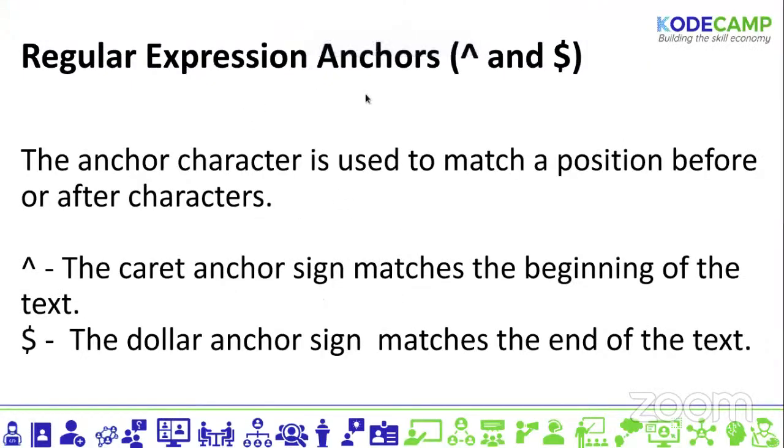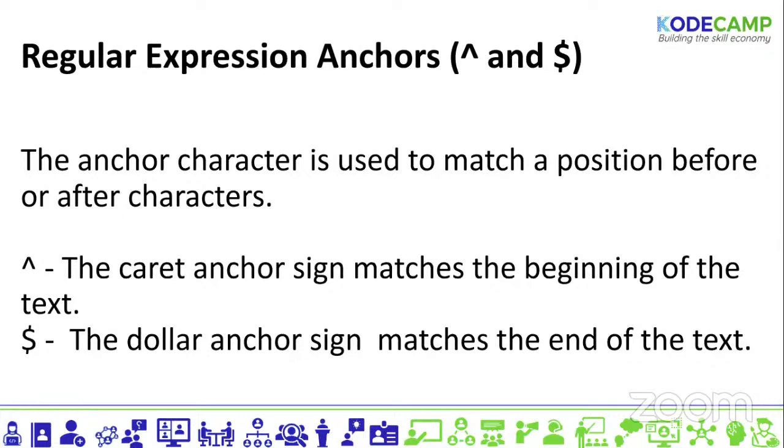Then we are going to look at regular expression anchor tags. So these anchor tags are actually two. The anchor tag is used to match position before or after characters. So we use the caret anchor sign to match the beginning of a text.